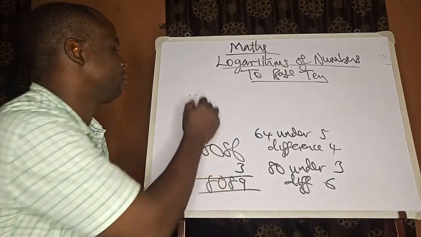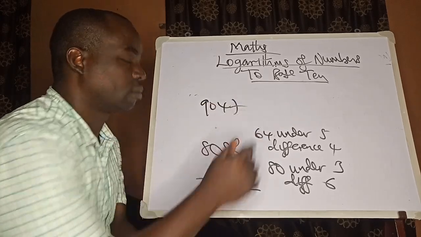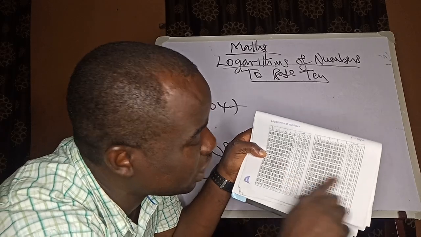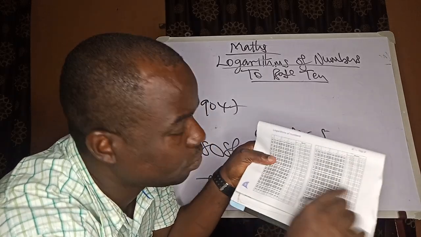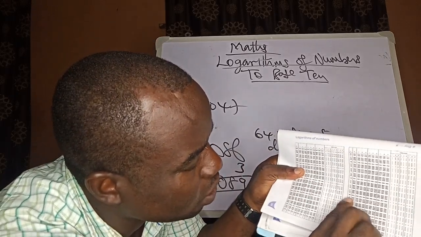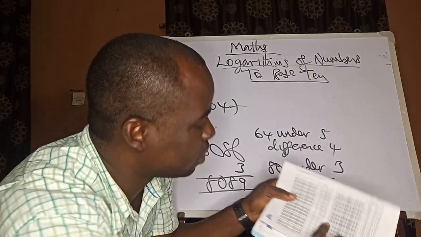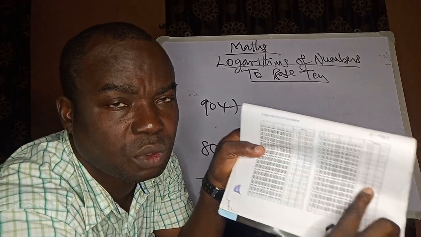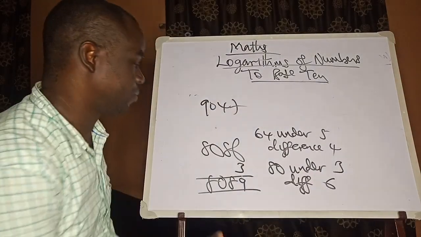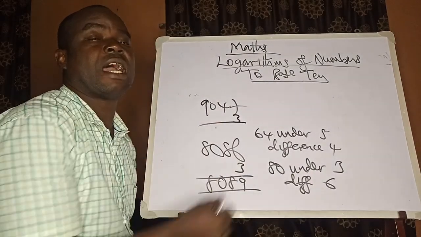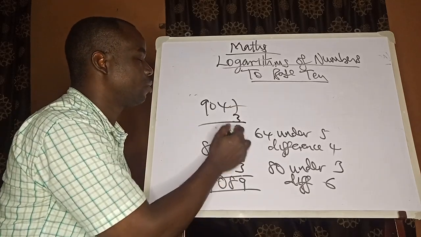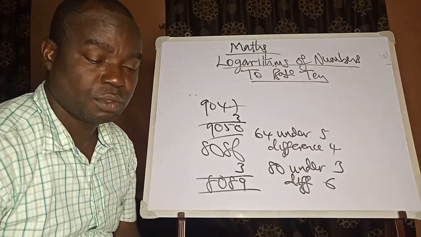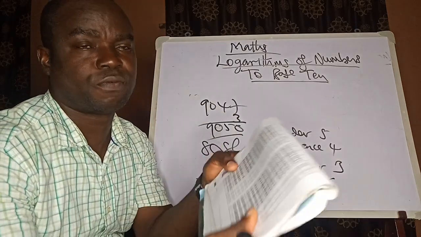So we have 9047, difference 6. So trace 80 to the difference section and move it under 6. So I have 3. So I'll bring it down. Now I add. So I have 9050. Is it clear? So this one we're going to be making use of.